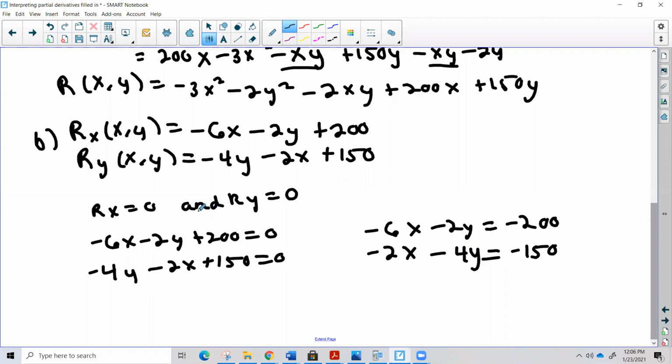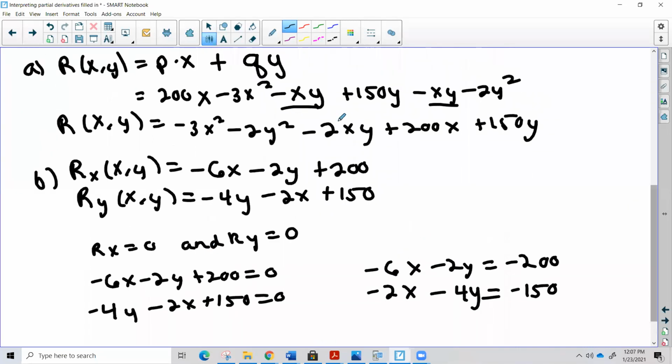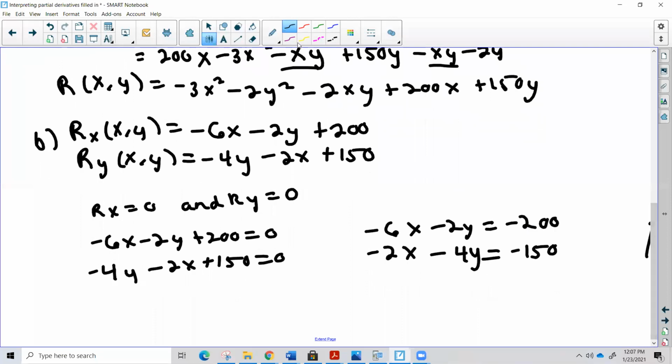So this is the first example we're doing where, again, we want to solve this by elimination, but neither of the coefficients for x or y are the same number with opposite signs. So I need to multiply one or both of the equations by something to get either the x's to have the same coefficient or the y's. So it really doesn't matter.